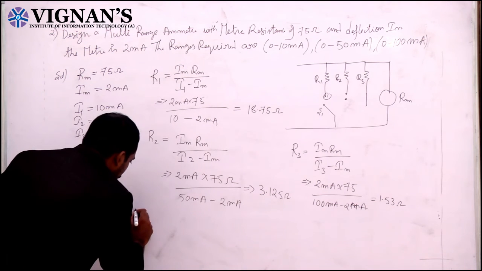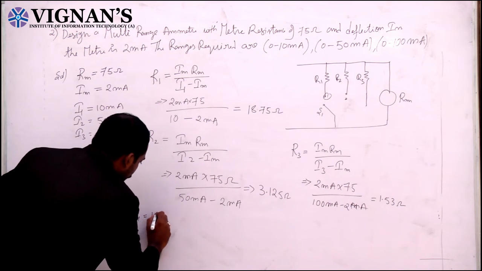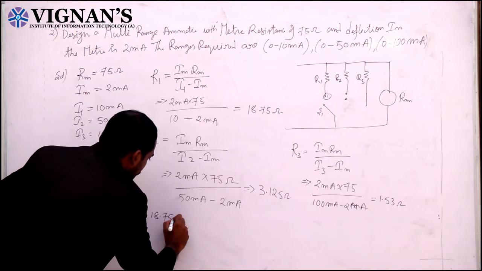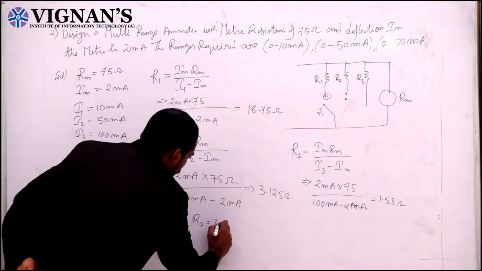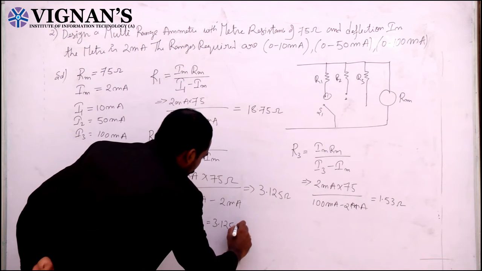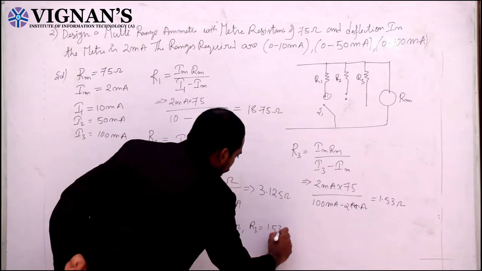So what is your conclusion? Your R1 value is equal to 18.75 ohms. Your R2 value is equal to 3.125 ohms and your R3 value is equal to 1.53 ohms.